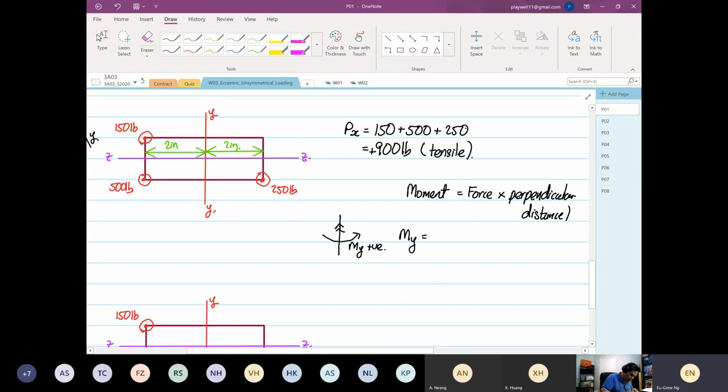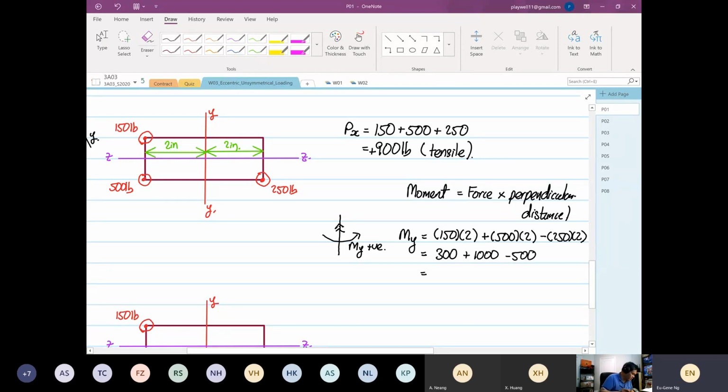This is the 150 force, and it's positive because it's going to generate anti-clockwise rotation, plus 500 multiplied by 2, then minus 250 multiplied by 2. Getting the perpendicular distance right is critical. So this is 300 plus 1000 minus 500. So this will be equal to 800 pounds positive.